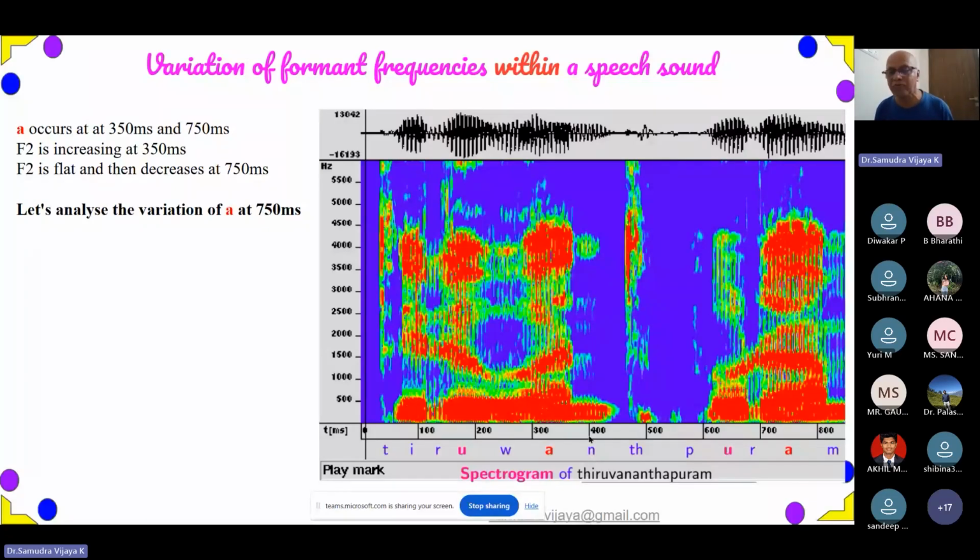What I want you to remember is that although when we write A it seems to be constant, when you speak, the characteristics change with respect to time, and get influenced by the previous and next sound. Hopefully, the middle part is less influenced.